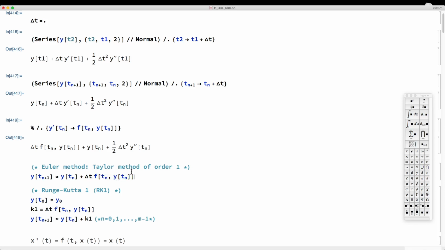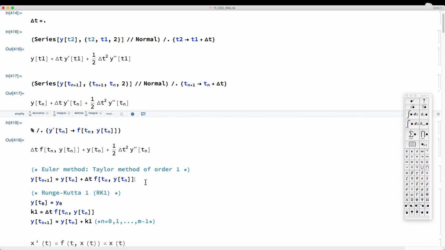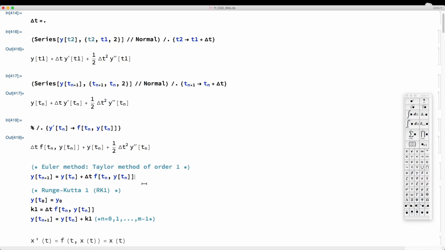And the same is true for higher order terms of the Taylor expansion, delta t squared and delta t cubed and so on. In a future video, we will discuss methods that are symmetric under time reflection, and we will see that in many cases, time symmetric schemes tend to conserve energy, either exactly or on average.